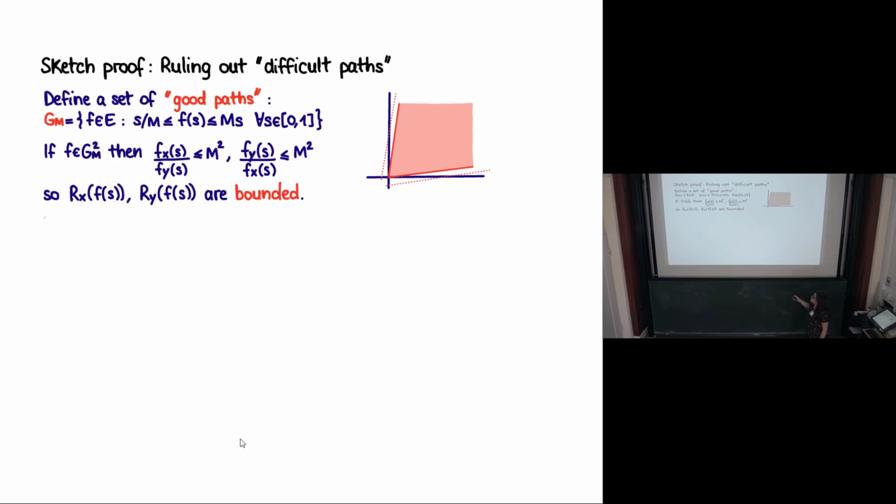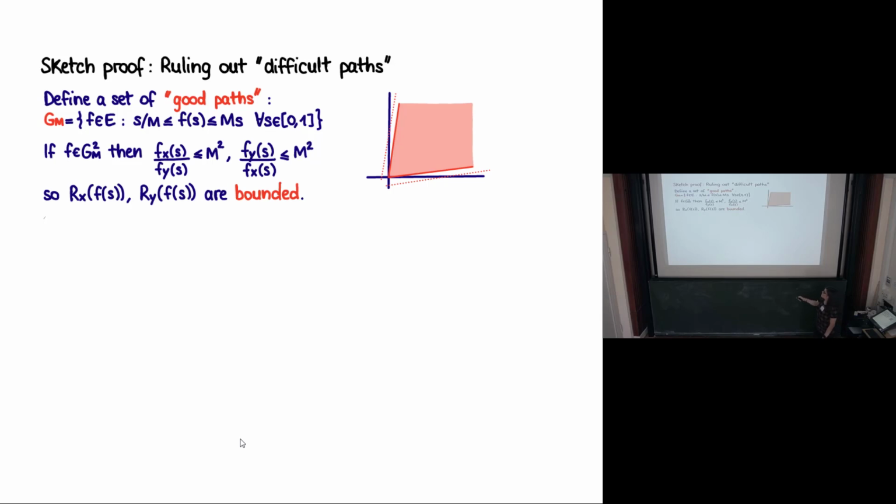So I only want to keep some sort of good paths according to some definition, and my definition is going to be the following. It's this set Gm of all the paths, think of it for now in dimension 1, that are in this cone. So it's a cone between two straight lines, and you should think of m being a very large constant. I can take m as large as I want, and I'm looking at all paths that fall within this red area.